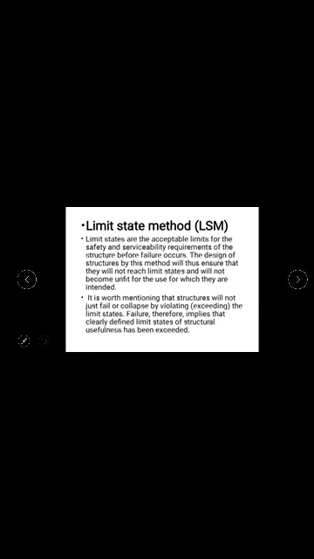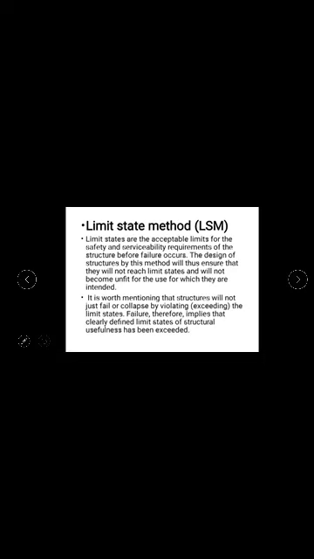Once the serviceability requirement is not met, then definitely it is not going to serve during the intended duration of time. So the limit state of serviceability plays an important role as a check to the limit state method. That is the main difference and the unique feature of the limit state method.